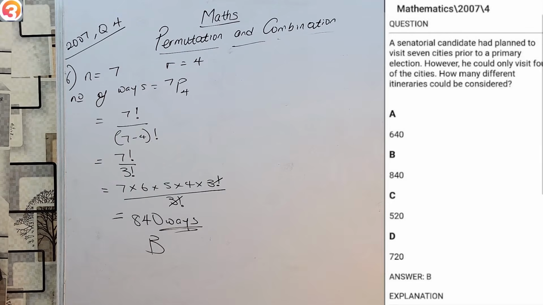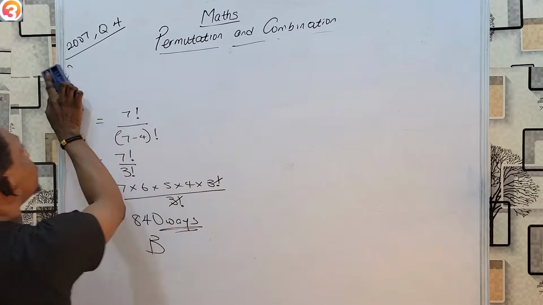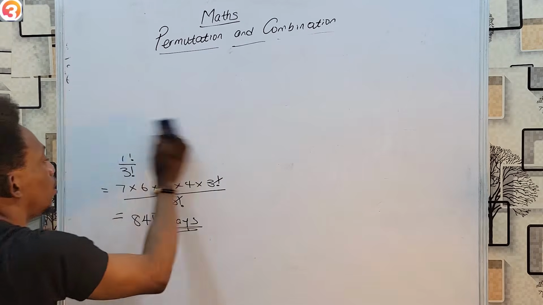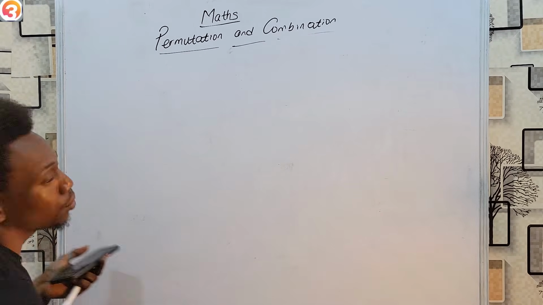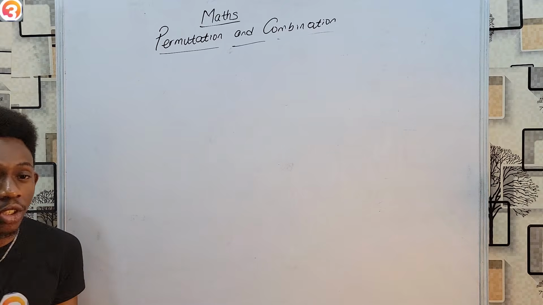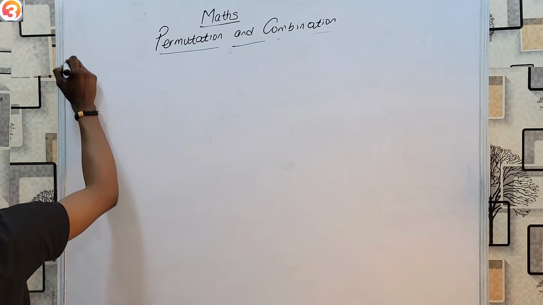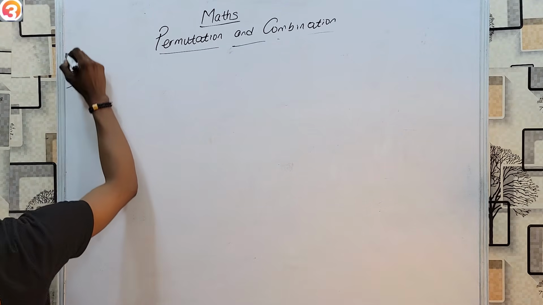So you see, the solving method is very important in your solving. Remember again, the logic of the question is what you always have to reason out. Will this be a permutation or will this be a combination question?